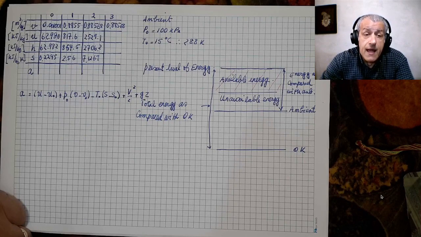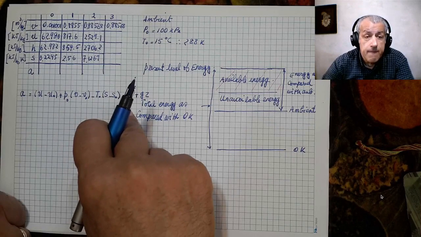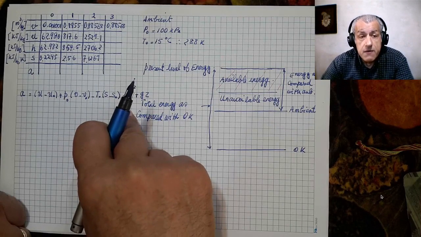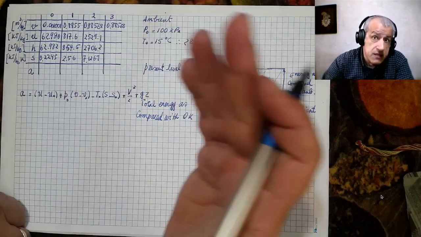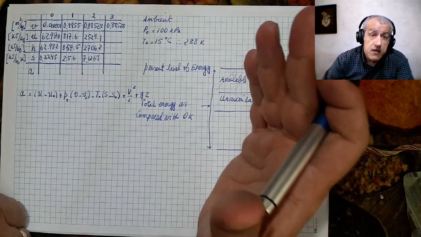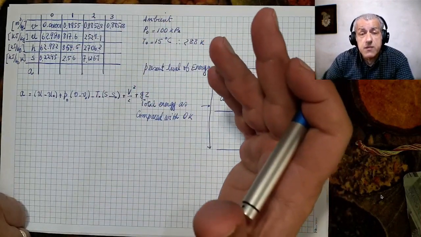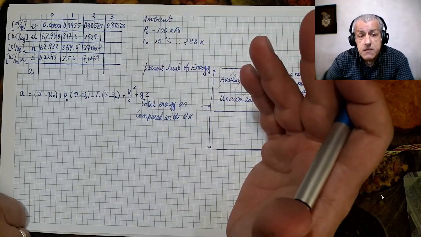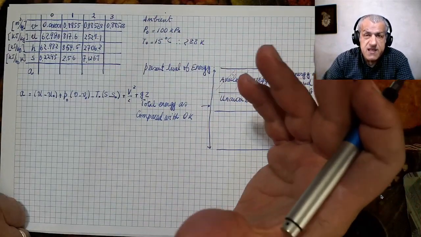Your material has availability, and it could be calculated in this way. The meaning of it is that this is the maximum possible amount of work, which is in itself impossible, because if you could do that, all those imaginary processes should be reversible. But this is an imaginary item. This is a reference item.